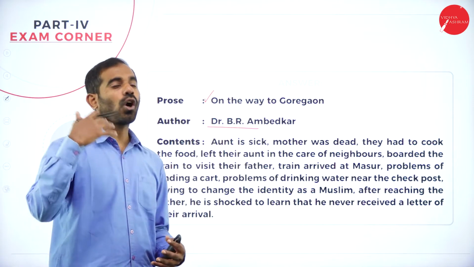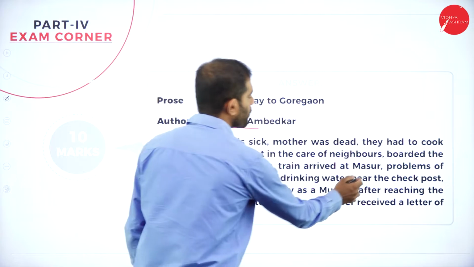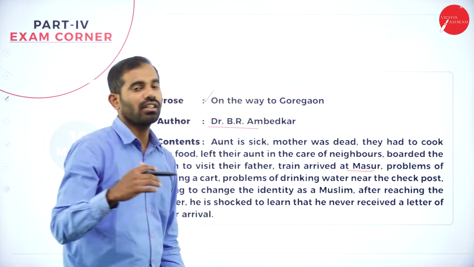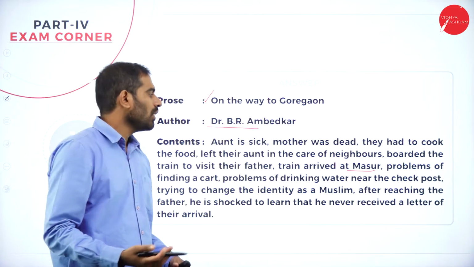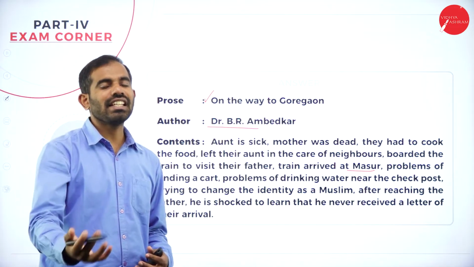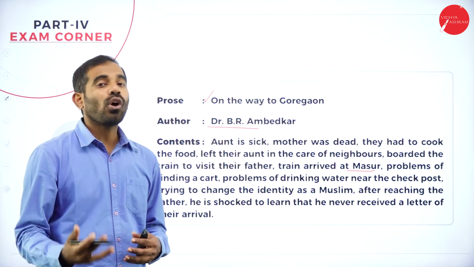And after they got down at the station, Mysuru, the problem they find is with the station master. He realizes that these children were Mahars, and he tried not to help them.